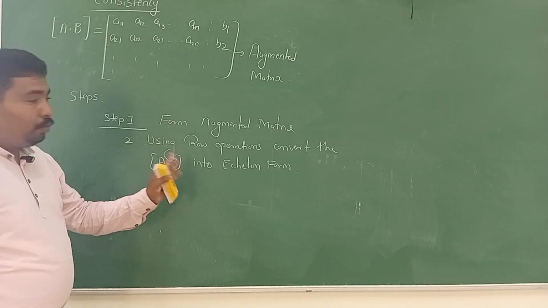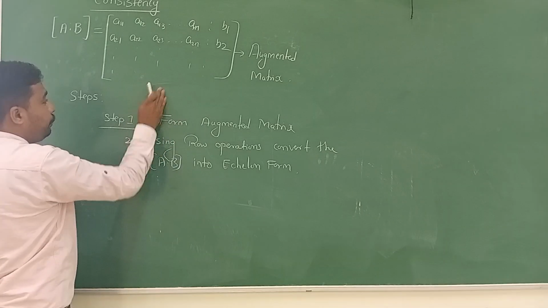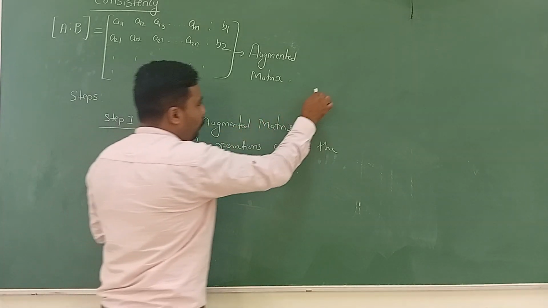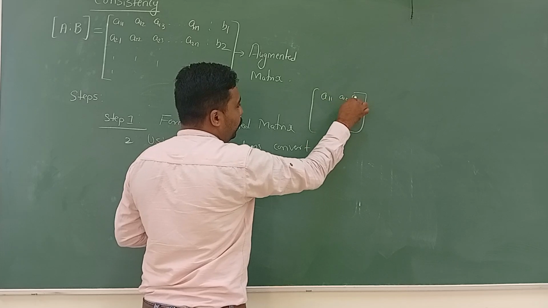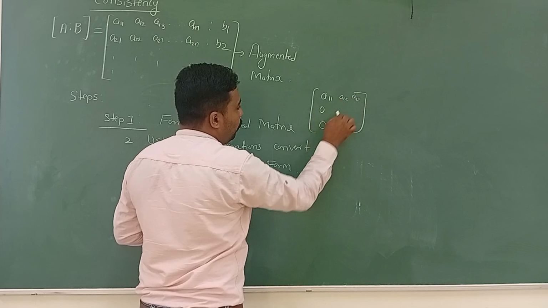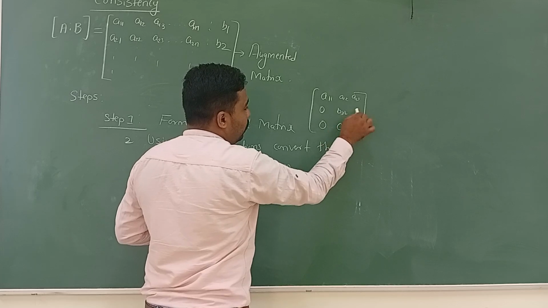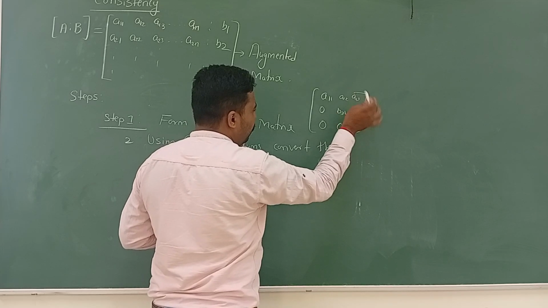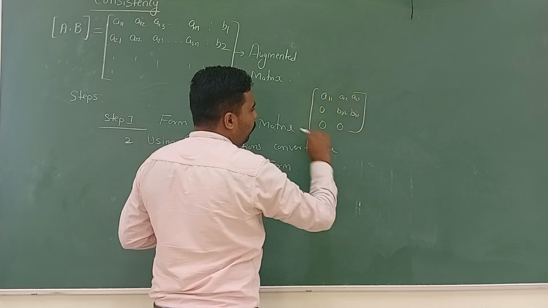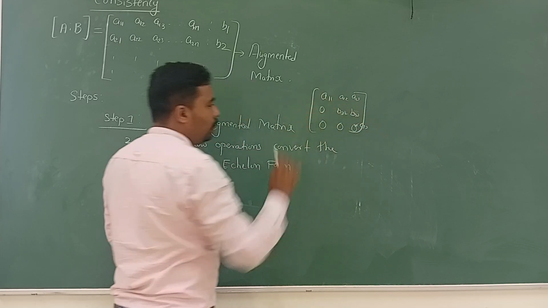Echelon form means, we all know, the lower triangular elements are supposed to be 0. If I consider one 3 cross 3 matrix, let me take A11, A12, A13, 0, B22, B23, 0, 0, and C3, whatever it may be.